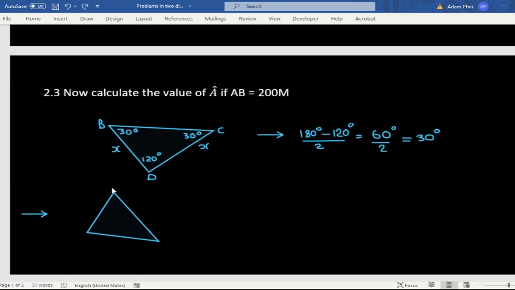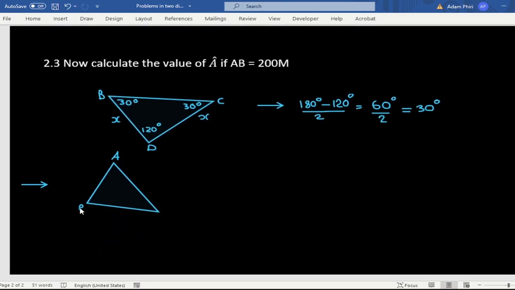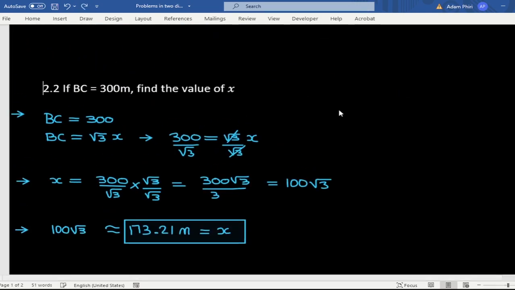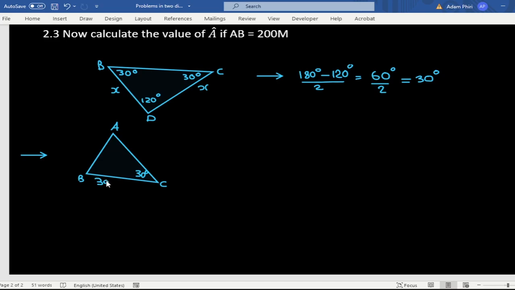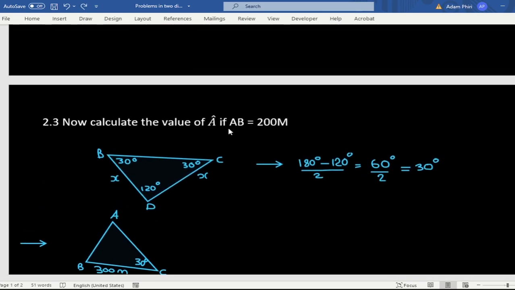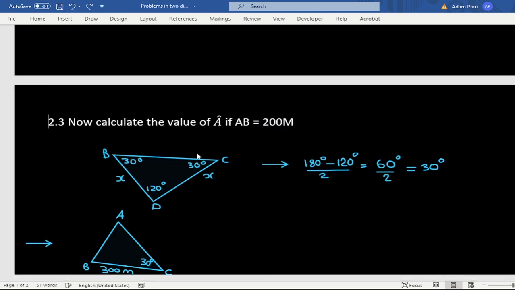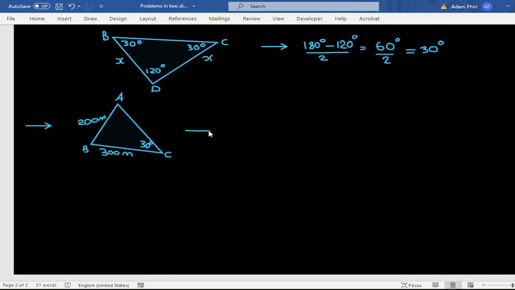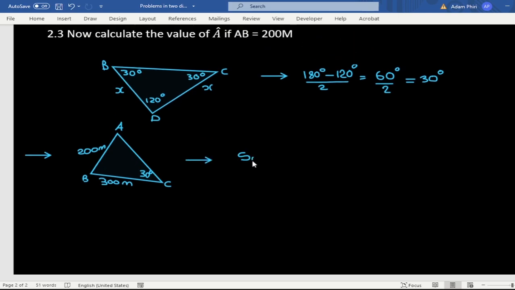From triangle ABC, we have 30 degrees there, and we are told that BC is 300, so that is 300 meters there, and we are also told that AB is 200, so AB is 200 meters, and then we need to find angle A, so we have to use the sine rule.